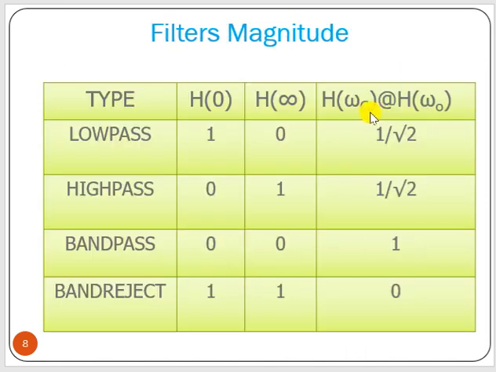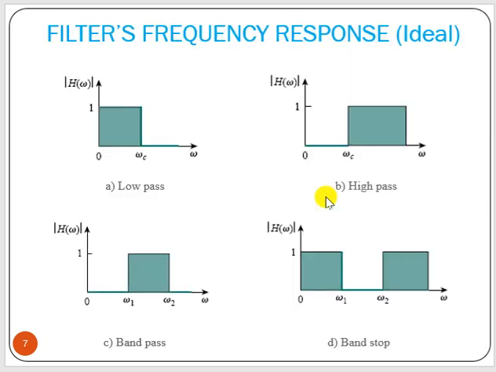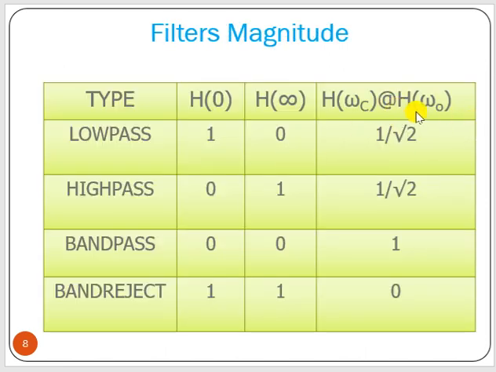Now, at omega c, what is the value? That should be 1 by root 2. That means it should fall to 70.7% of the value. So that is the minus 3 dB point. If this is written in dB, 20 log of gain is equal to minus 3 dB at that point, where the value is 1 by root 2.